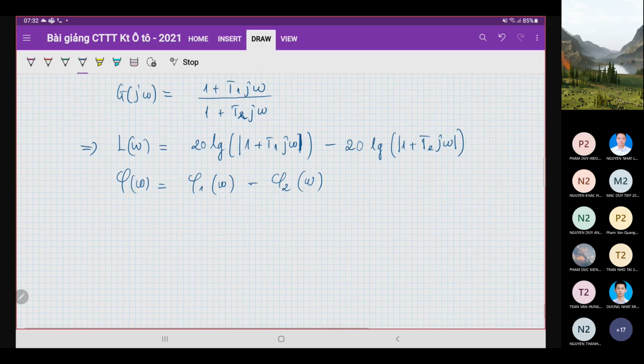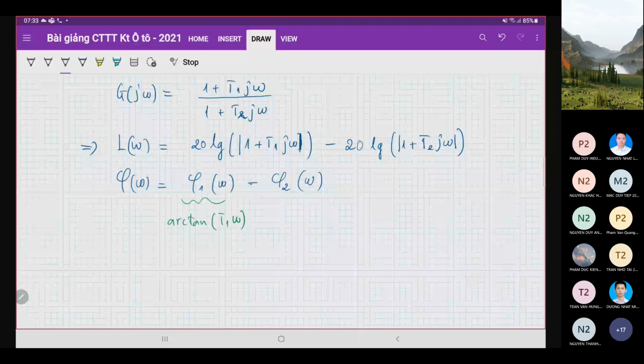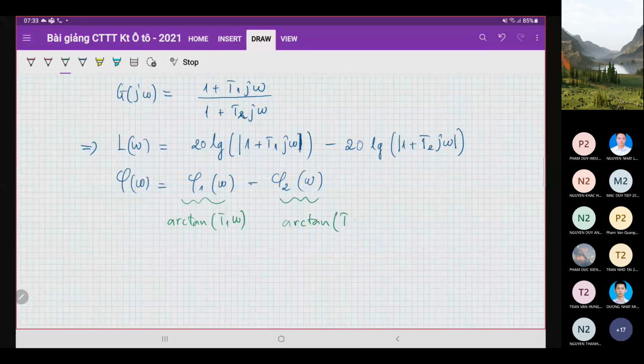And phi 1 omega is equal to arc tan of T1 omega, and phi 2 will be equal to arc tan of T2 omega, right?